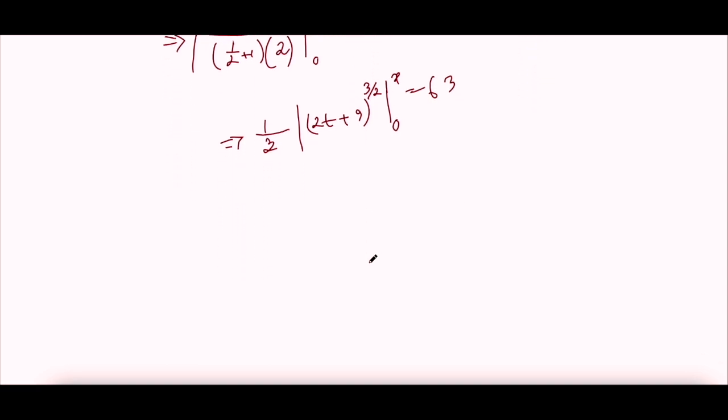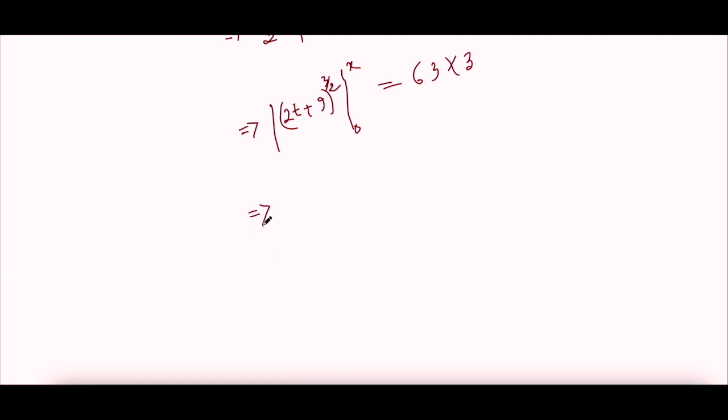Does it make sense? This implies (2t plus 9) whole to the power 3 by 2, 0 to x. We can multiply 63 and 3 in the right side. If you took this 3 in the right side, it will be in product form.